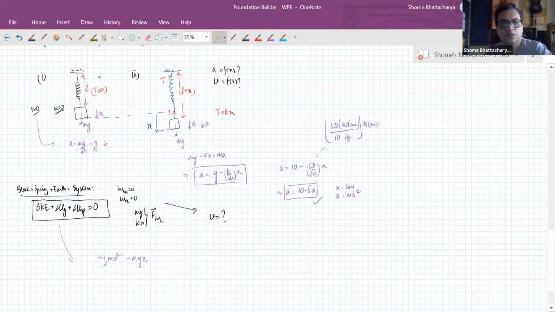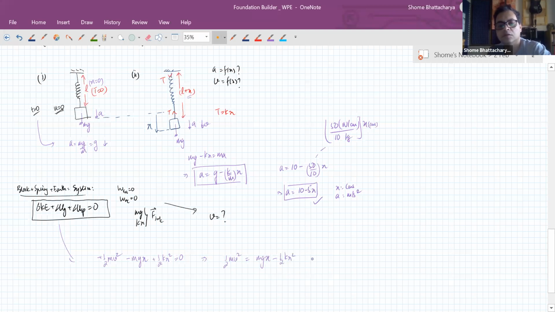And the spring is going from a state of x equal to 0 because it's at natural length to a state of extension of x. So the spring's potential energy is increasing by half kx square. So this is your work energy theorem. So from this you can see that your kinetic energy is this type of an equation.